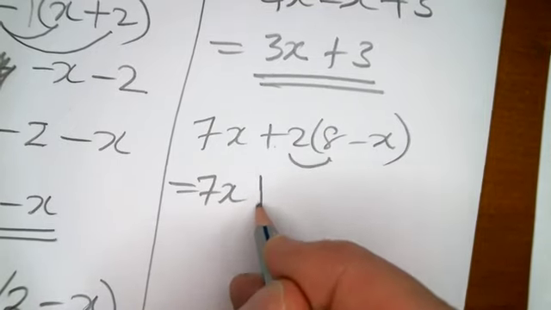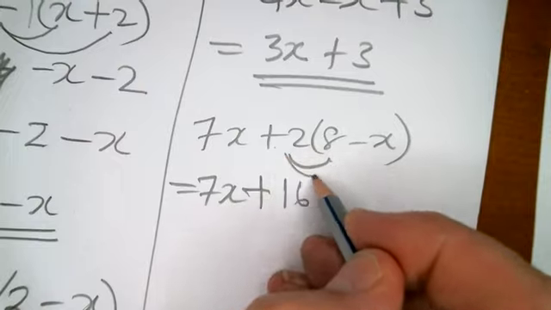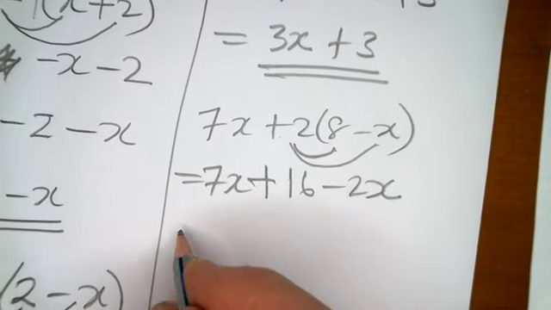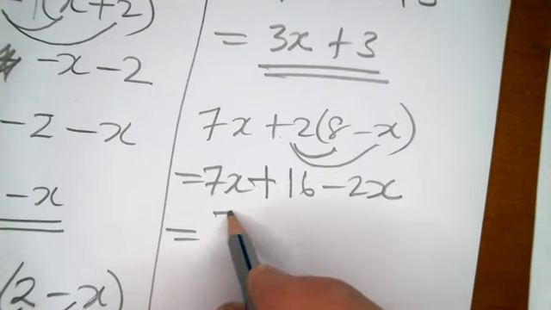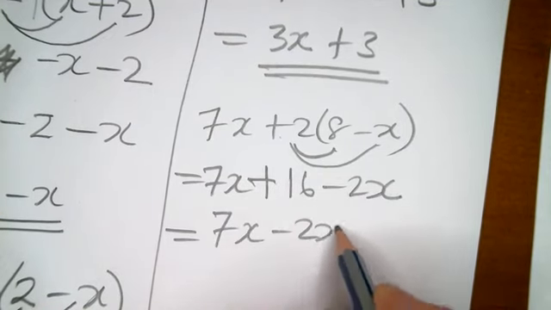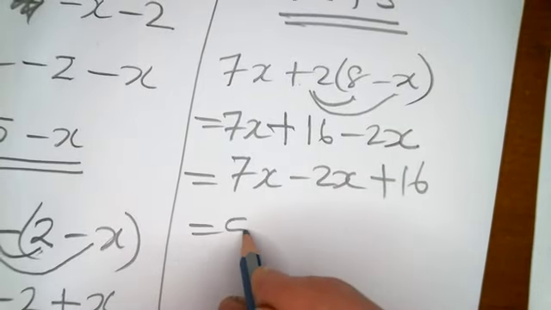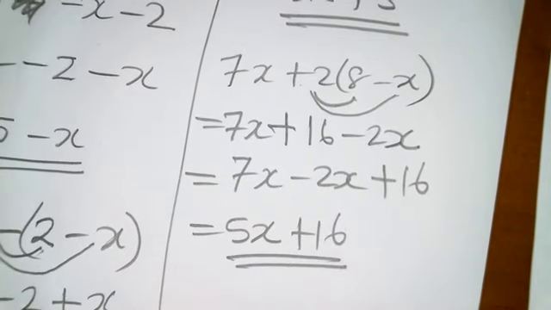So it's an and, I'll put an and there. 2 eights is going to be 16, and 2 times negative x is negative 2x. Now let's collect like terms. I've got a 7x and a negative 2x. 7x minus 2x is going to be 5x plus 16, and there's my solution.